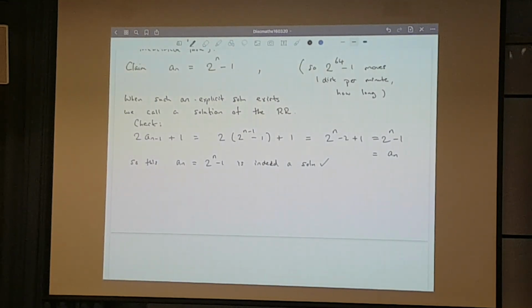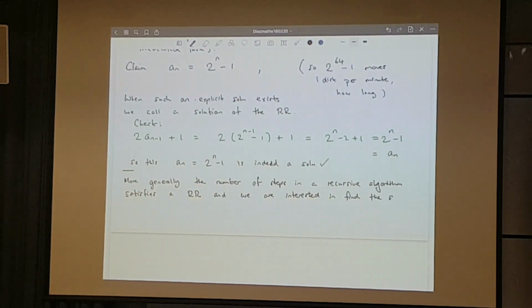So more generally, the number of steps in a recursive algorithm satisfies a recursion relation, and we're interested in finding the solution, which is an explicit form for an.